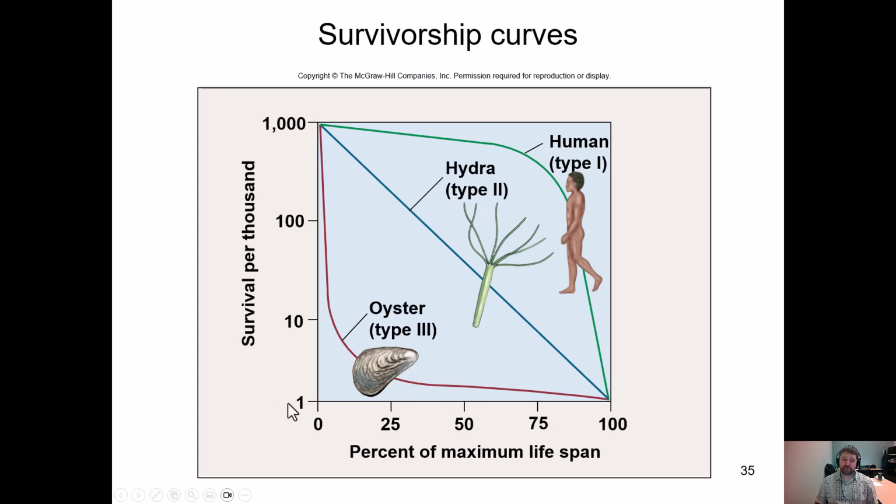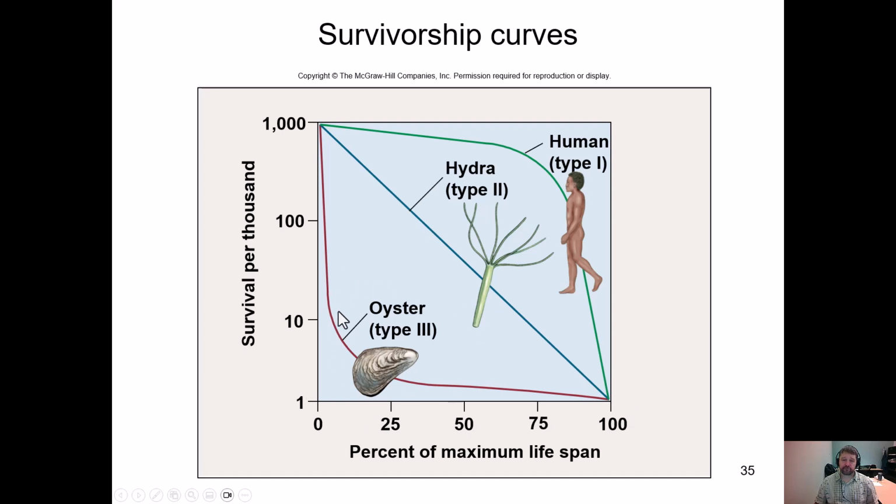And then in the case of marine organisms, for a lot of marine organisms, type 3 is definitely the survivorship curve that they would fit. They produce thousands, if not millions, of offspring. Most of them do not make it. Most of them become food for other things. And then if they do make it, they get to a certain size or certain age, and they withstand mortality for a long time.